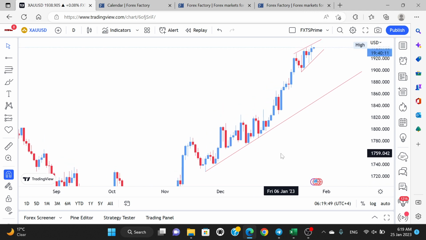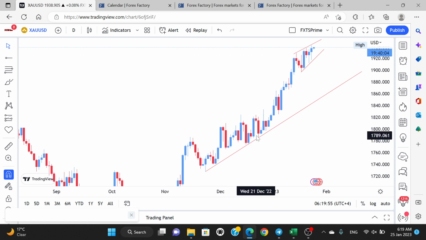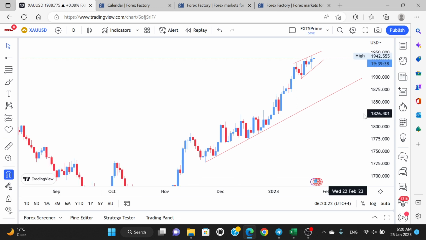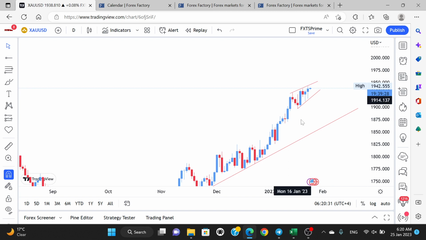When we see an abnormal thing happening here, that means there is intervention from the big institutions and big banks. However, we are still seeing this movement is abnormal, and we have to wait until we have a reversal pattern.